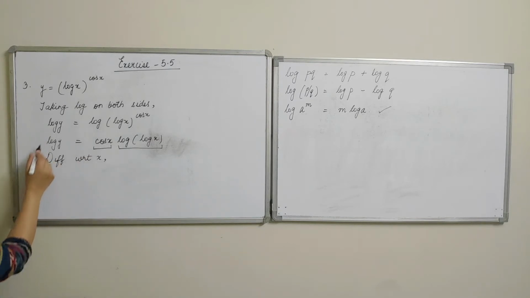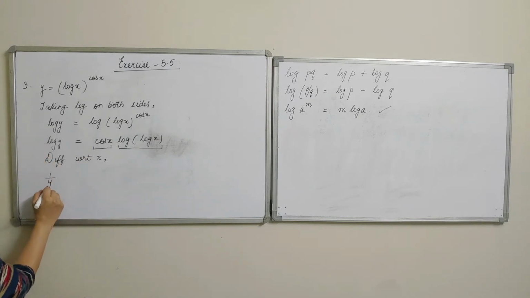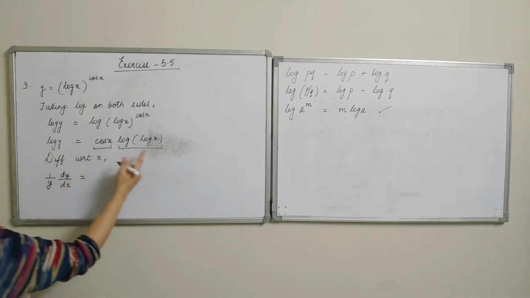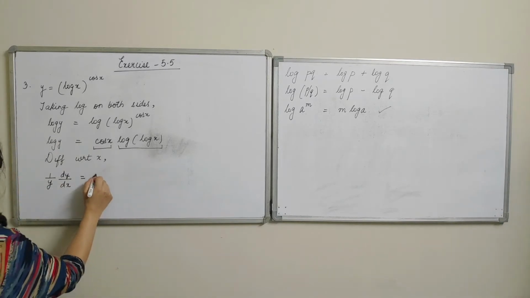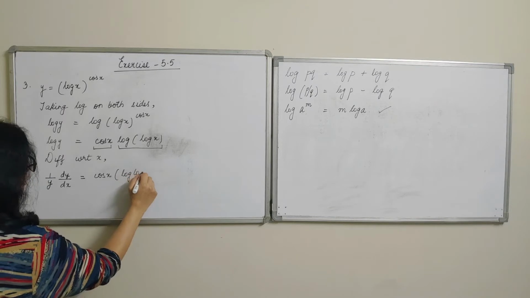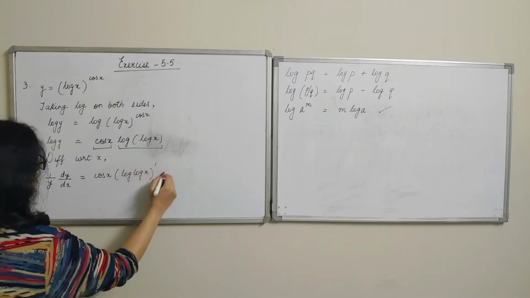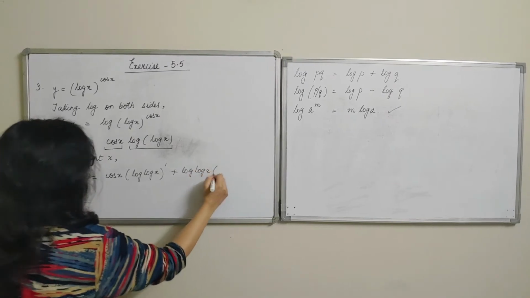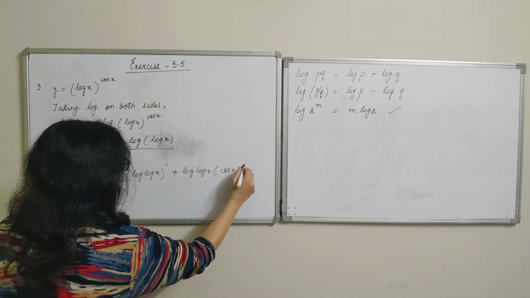So differentiating the left side with respect to x, we get 1 upon y, this is a composite function, so into dy by dx. On the right side, let us use the product rule. So cos x into derivative of log (log x) plus log (log x) into derivative of cos x.